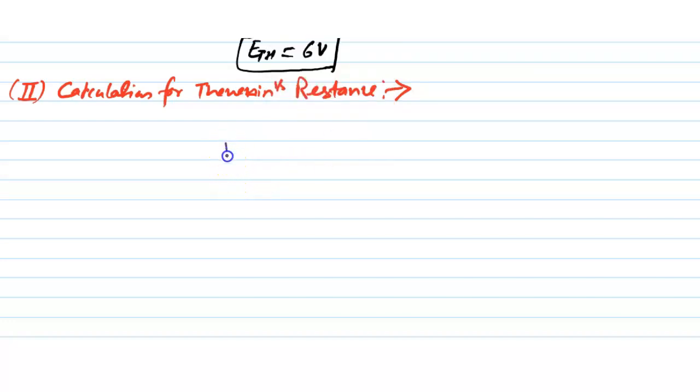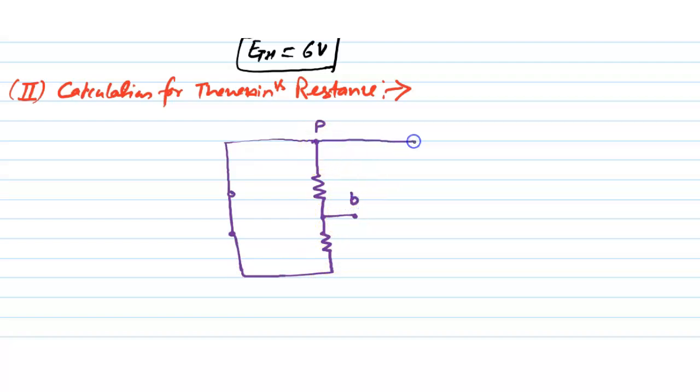Here this terminal is short circuited, and this is the E point, this is the B point, this is also a P point, and this is the A point.